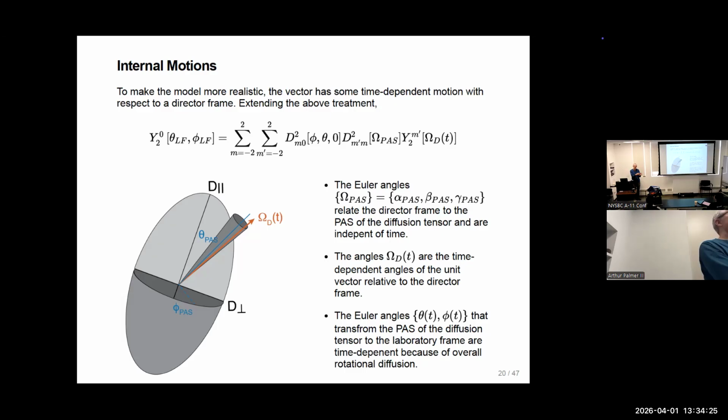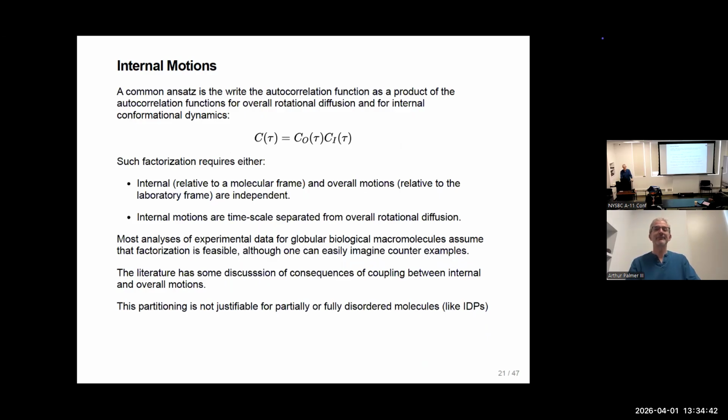In Anne's case, that second transformation would have been to account for MAS spinning, but now we have to, in solution, do it for overall tumbling. And that transformation gets done with the Wigner-D matrices. And now, again, it is very complicated.